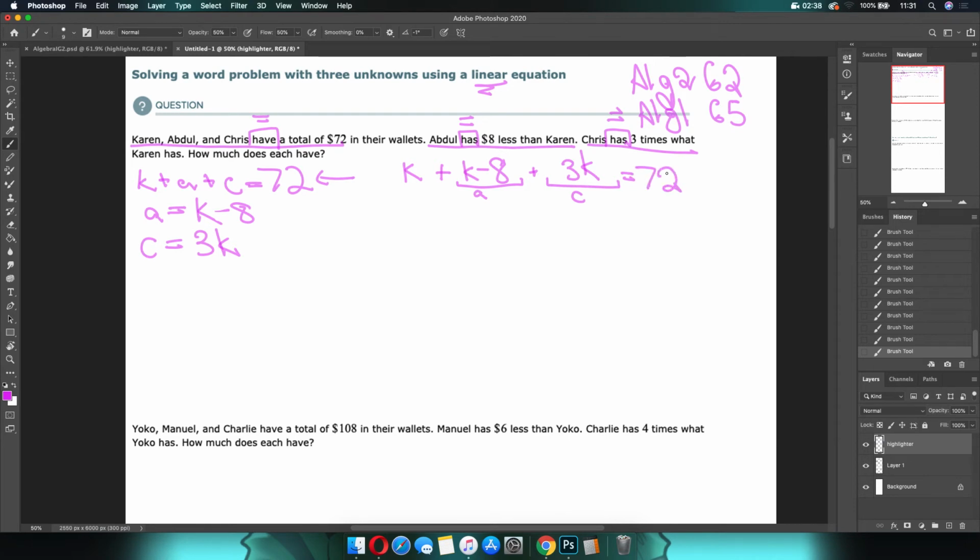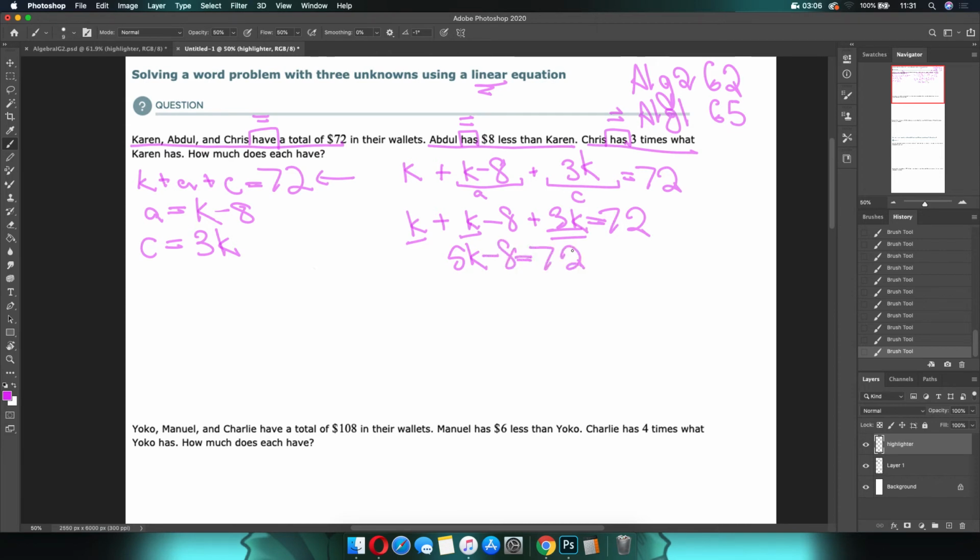Okay, so we have our 3 letters, K, A, and C, but they've been written a little bit differently. From here now, we can look. If we have K plus K minus 8 plus 3K equals 72, we have a bunch of like terms here. We have the 3K, we have the K, and we have the K. How many is that? 3, 4, 5. 5K minus 8 equals 72.